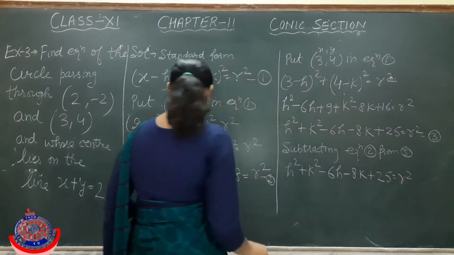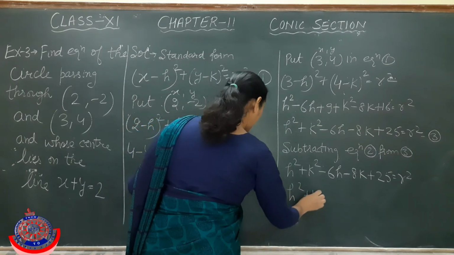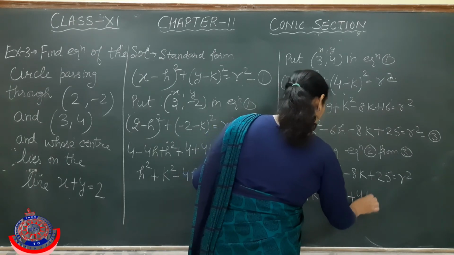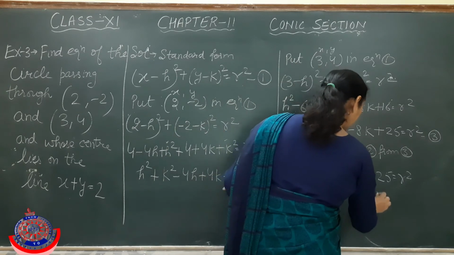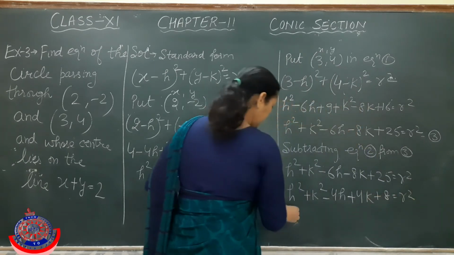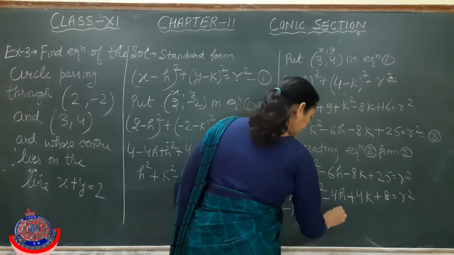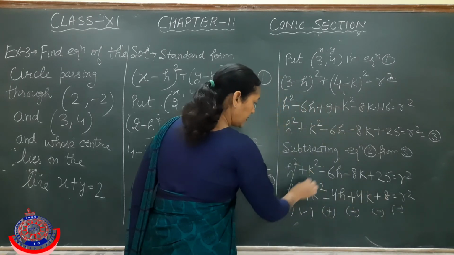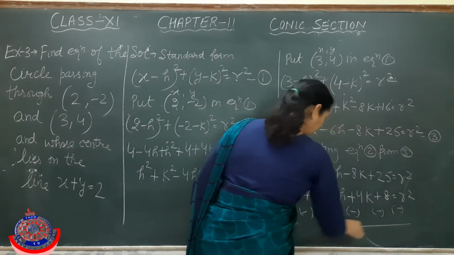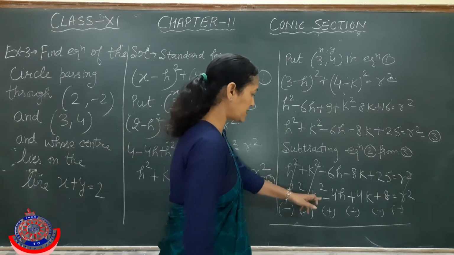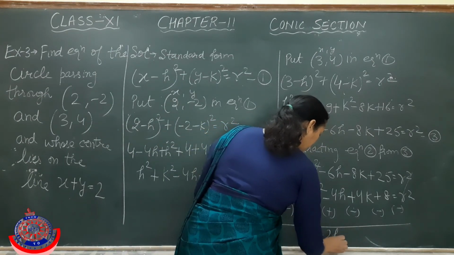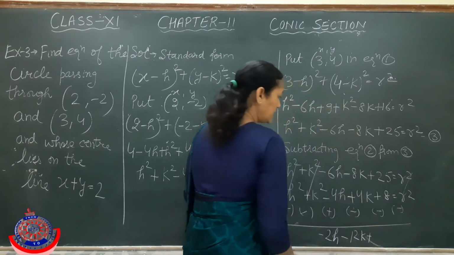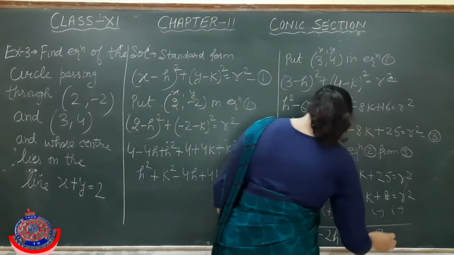From this third equation, if we subtract the second equation, changing sign, h square, k square and r square will get cancelled, and we are left with minus 6 plus 4 means minus 2h minus 12k and 17 is equal to 0.